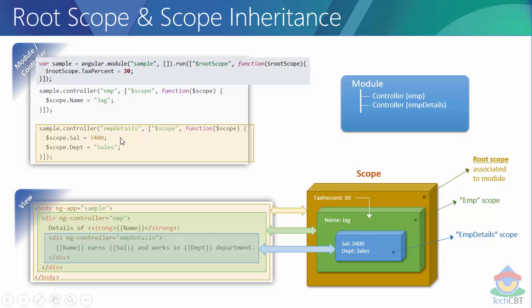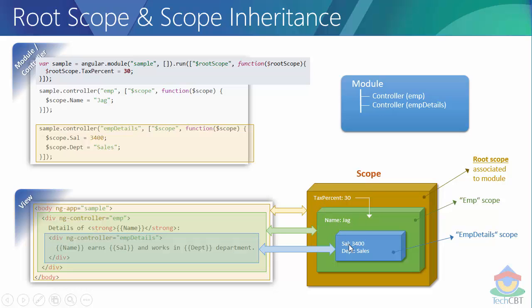And you can see in this EMP details, this is nothing but this guy. I am adding two more members, salary and department number, and this scope refers to the scope related to EMP details. You can see that as part of EMP details I have these two. Theoretically, it is not just these two members that will be available as part of EMP details. This one is inheriting from this and this one is inheriting from this.